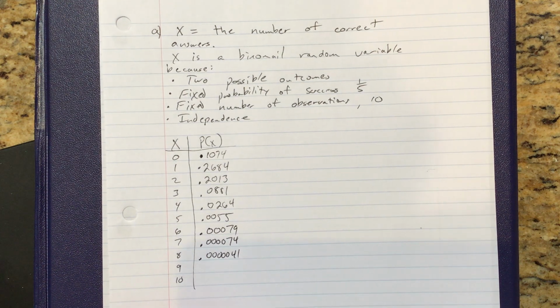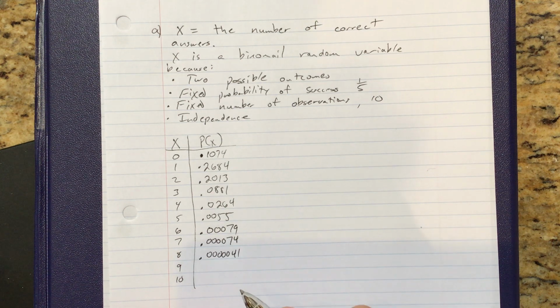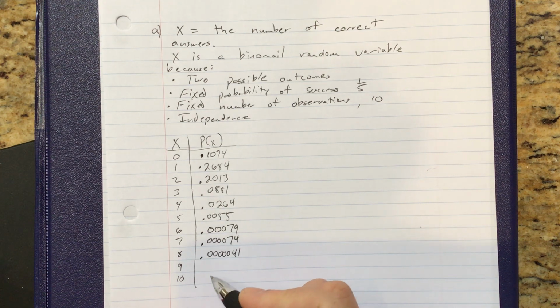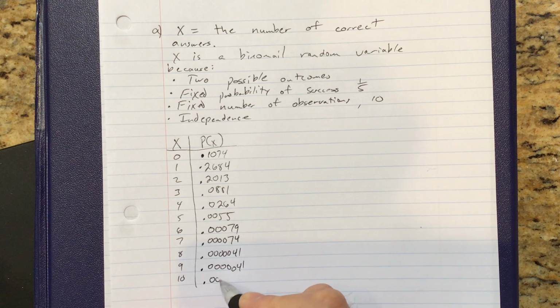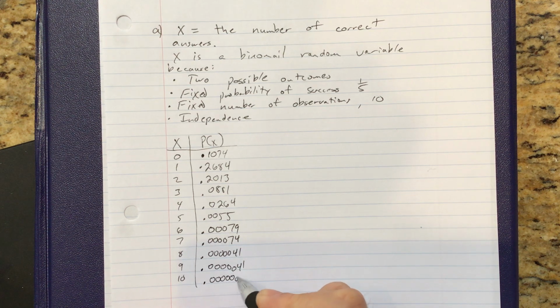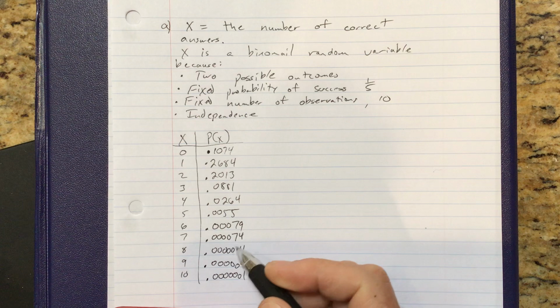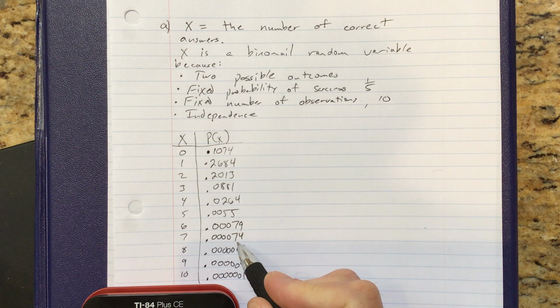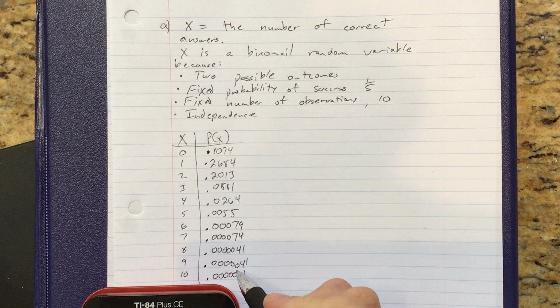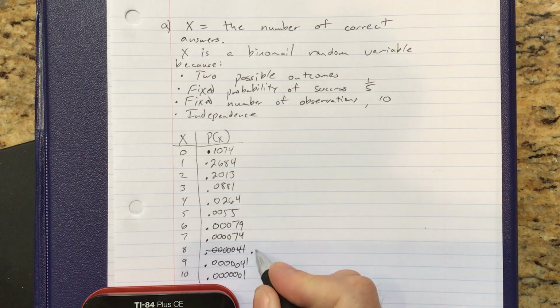Whoops, I skipped one somewhere. It's 9, this is 9.0. Let me see, which one did I skip? 7, 9 was, this one should be that one.